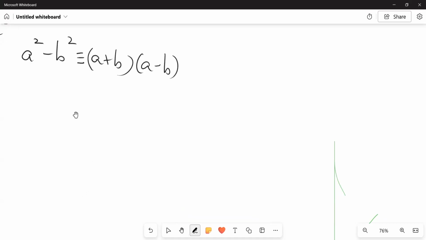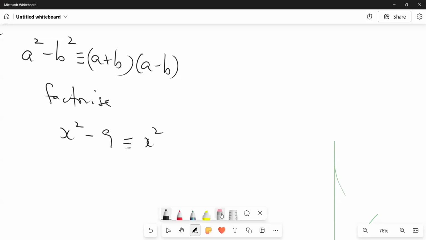So let's say you want to factorize x squared minus 9. Well, you recognize that to be x squared minus 3 squared, and you see it resembles this form here.